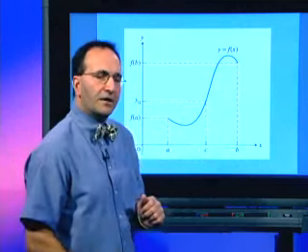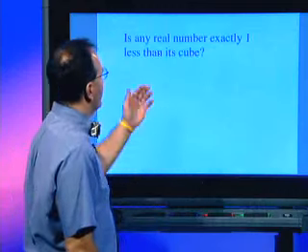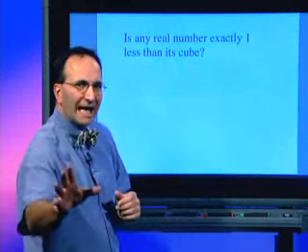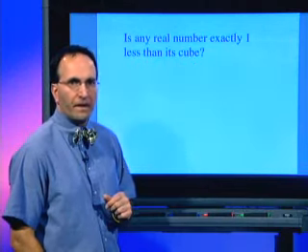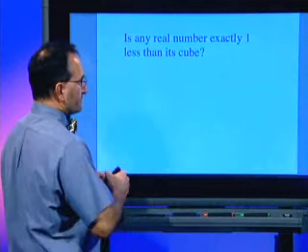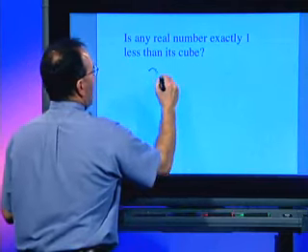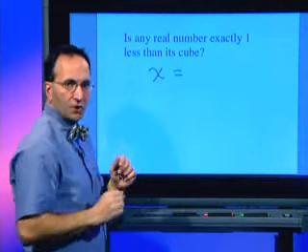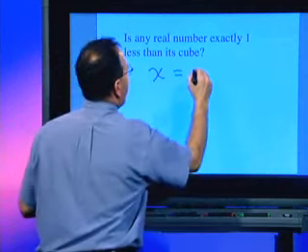All right, let's apply the intermediate value theorem to an example. Is any real number exactly one less than its cube? So we'll start off by saying, is any real number x equal to 1 less than its cube?